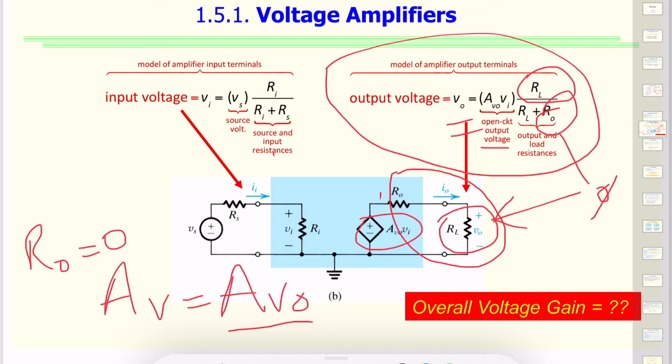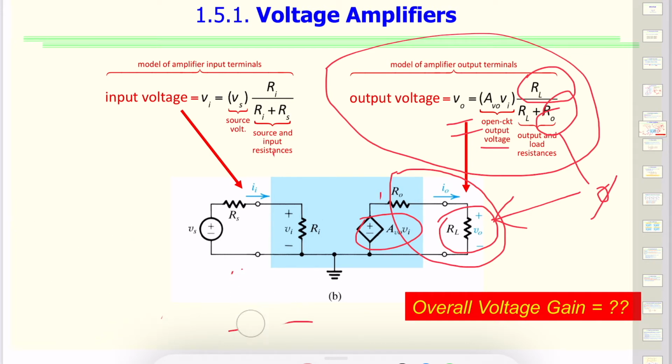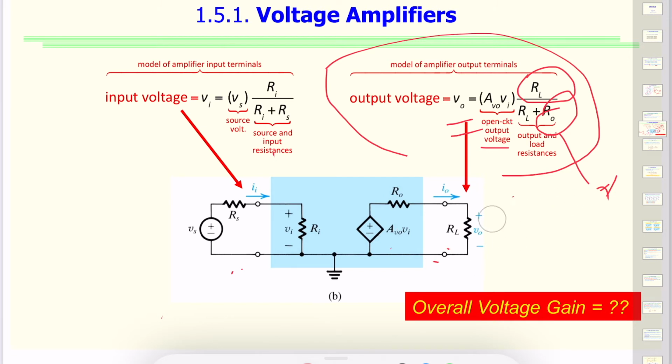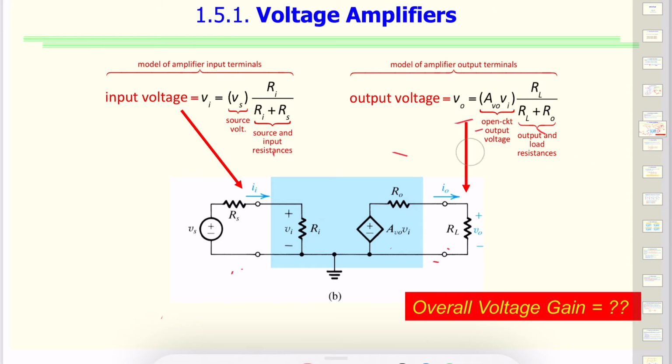So now, what is the overall voltage gain of the system? That's a combination of input voltage and output voltage. Let's take a look at that. So we can write that as V naught over Vi.